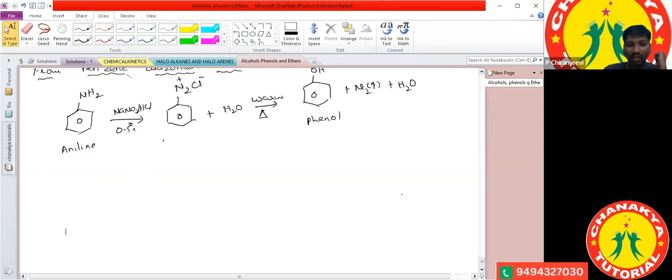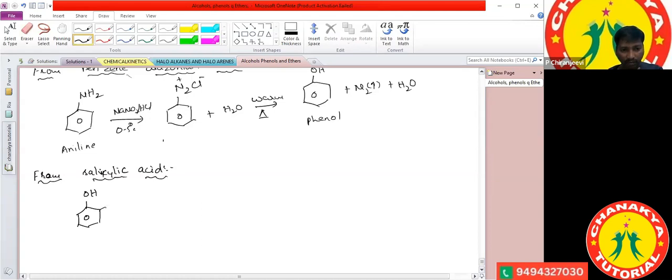Next, another method. What is the other method we are using here? From salicylic acid. Can any one of you tell me the structure of salicylic acid? So this we can call salicylic acid.